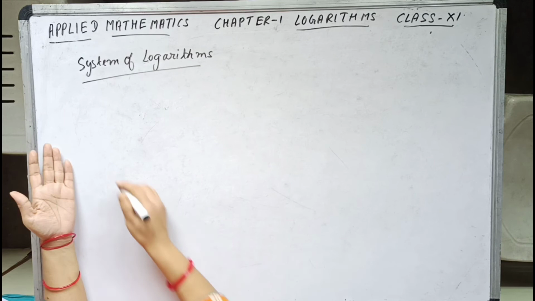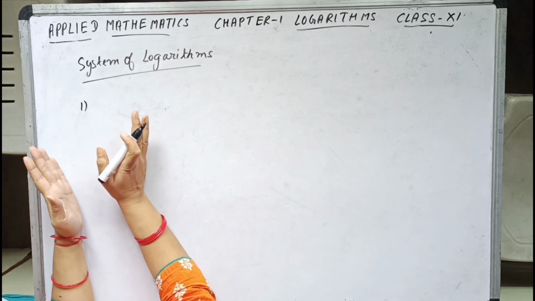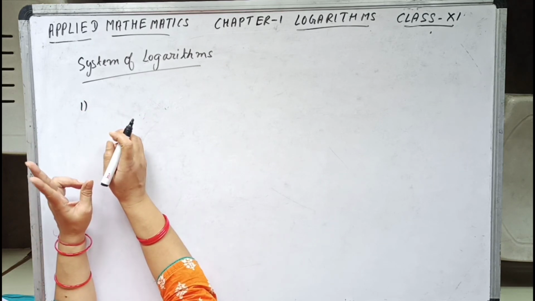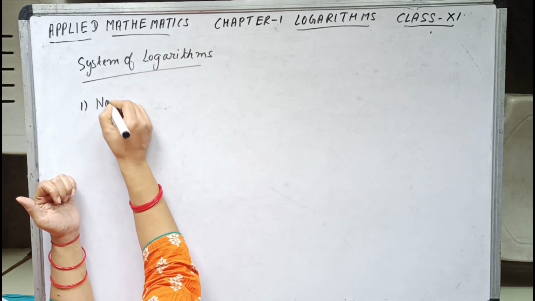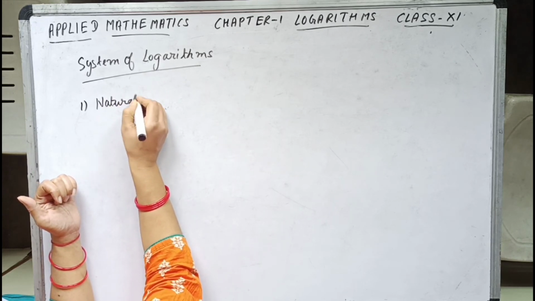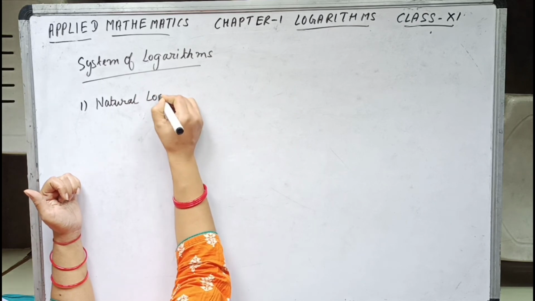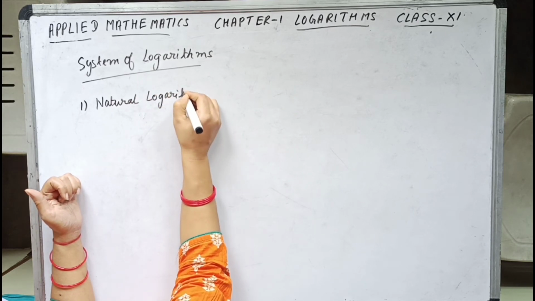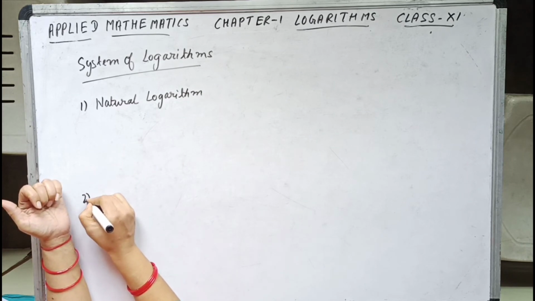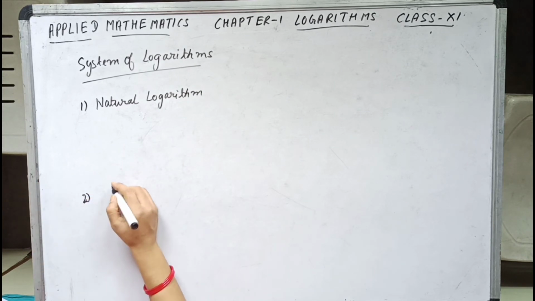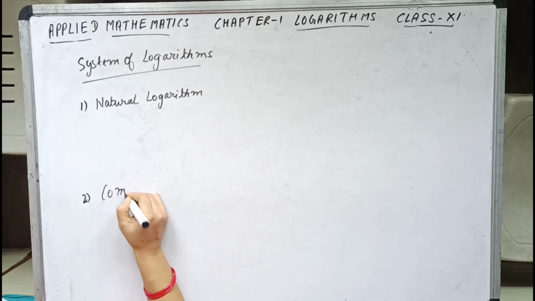Now what is natural logarithm? So in standard 11 we will know two types of logarithm, means two systems of logarithm, that is natural logarithm and common logarithm.